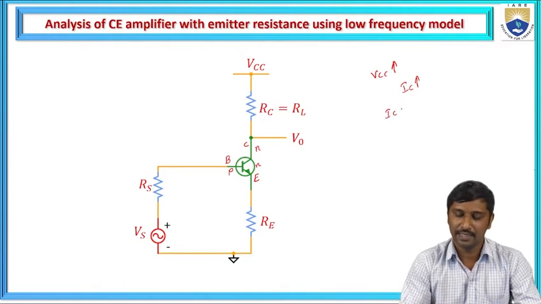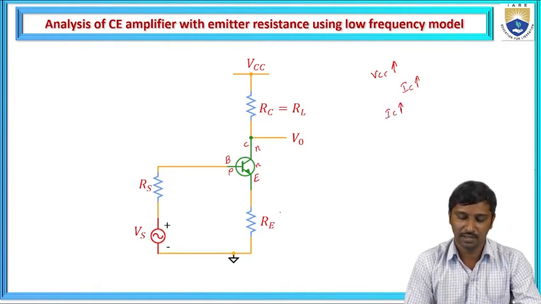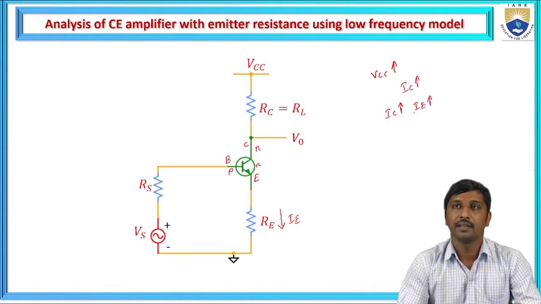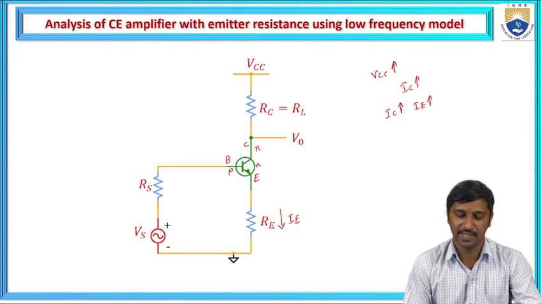When the collector current increases, then we know that the current flowing across this emitter resistance is represented as emitter current, that is IE. Hence, IE also increases. If emitter current increases, the voltage drop across the emitter resistance also increases.